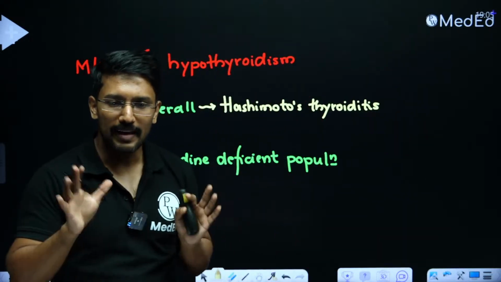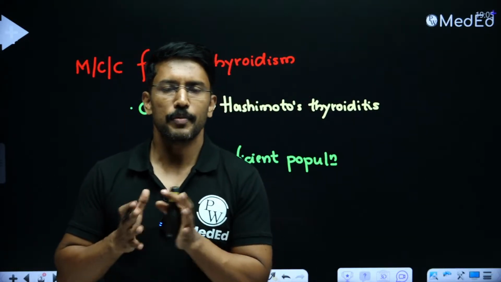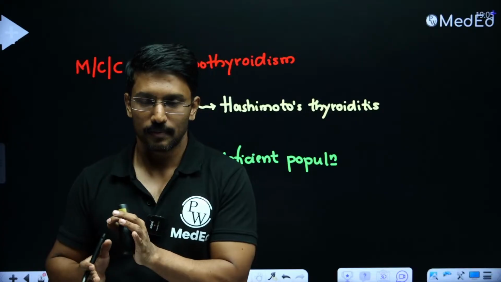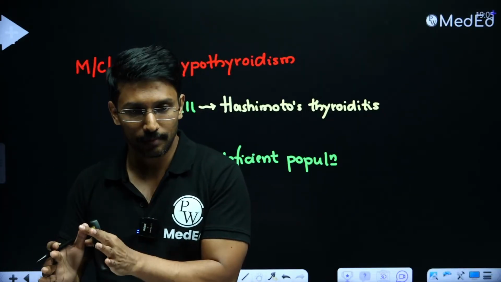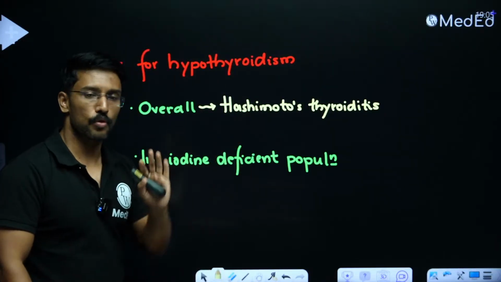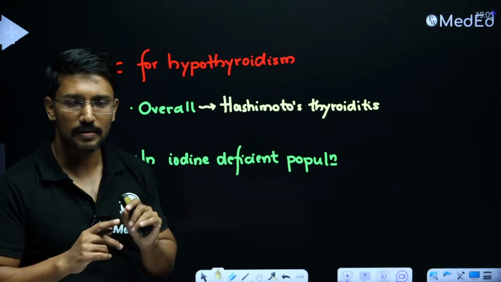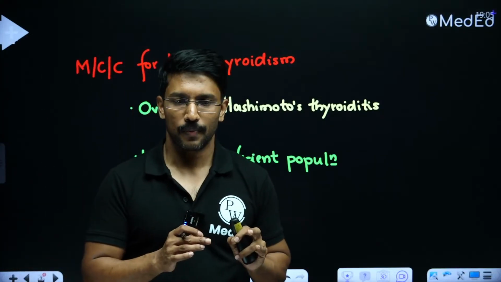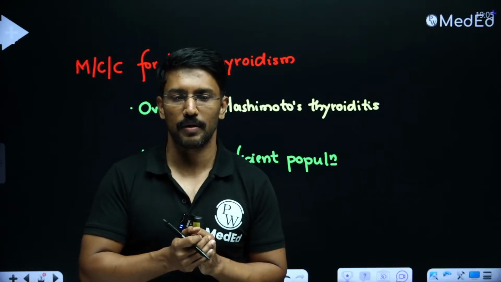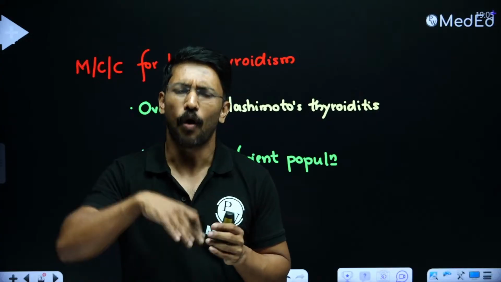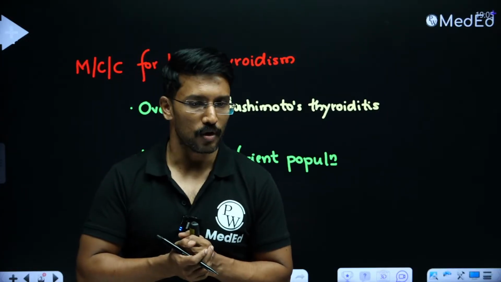So if you see 10 patients of hypothyroidism, I'm pretty sure more than 9 of them will have mostly Hashimoto's thyroiditis. The remaining cases may be post-surgical, post-radioiodine therapy, drug-induced, or all the other causes that we spoke about.